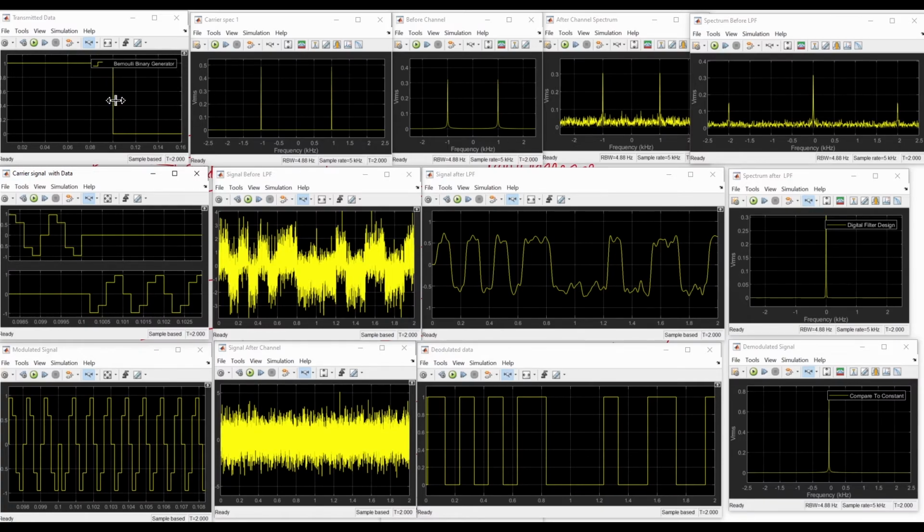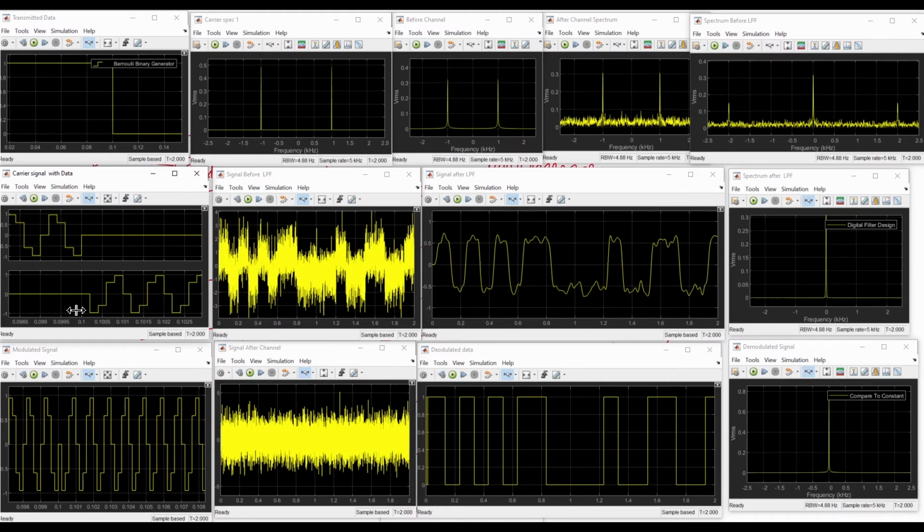In the 0.1, actually the data goes from 1 to 0. You can see that when they are separated, not added together, it goes from 1 to 0, and here these two signals are added. So when the data changes at the 0.1 timestamp, the phase is shifted.